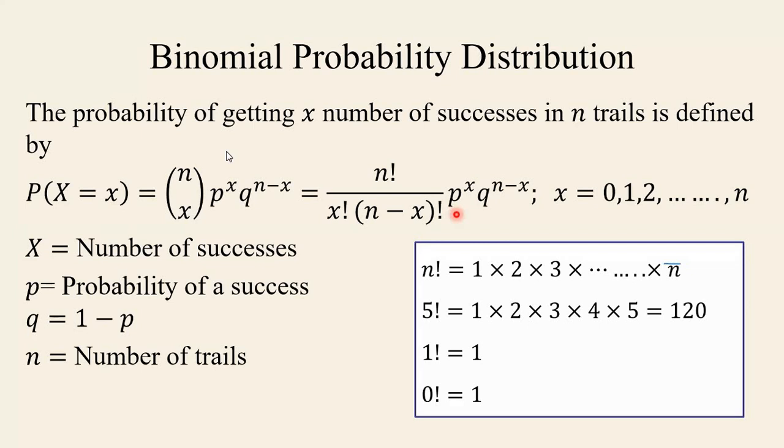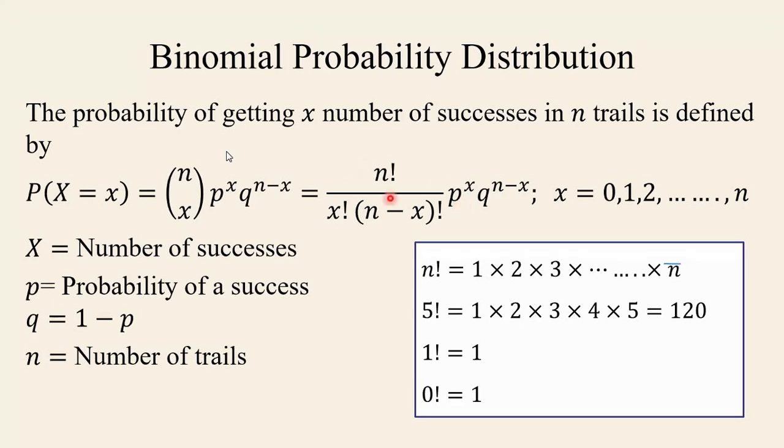When we are tossing 5 coins, if you want the probability of getting 3 heads, then x will be 3, n is 5, and p is the probability of getting a head in one toss. If it's equally likely, then p is half.